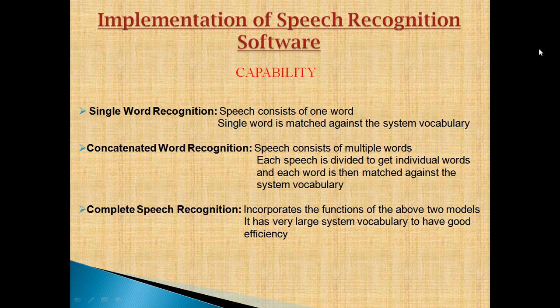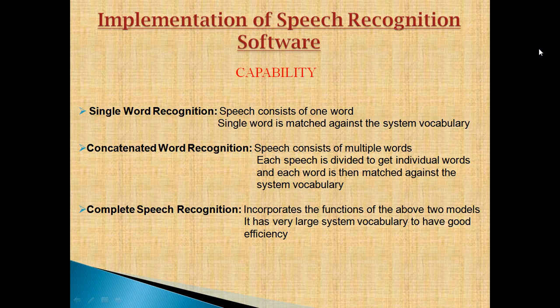Now, next is concatenated word recognition. It's just the same as single word recognition, but here we are showing you multiple words together. Each and every word is taken separately, similarly analyzed, and matched with the system vocabulary to provide the proper results. Next is complete speech recognition.